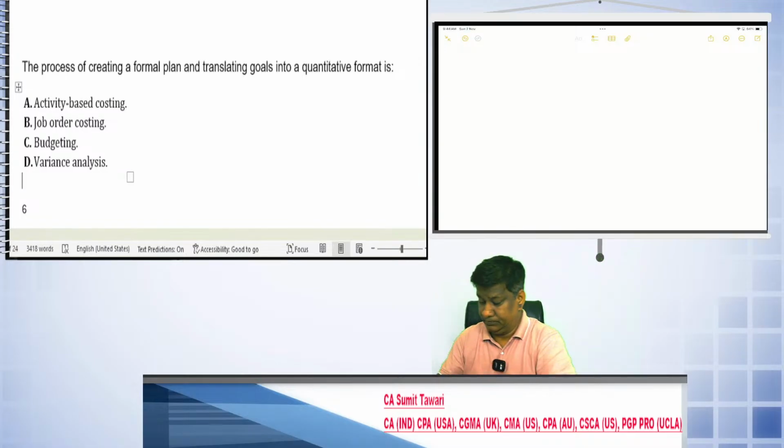So this is basically activity-based costing. Whenever we are translating goals into quantitative numbers, this is budgeting.